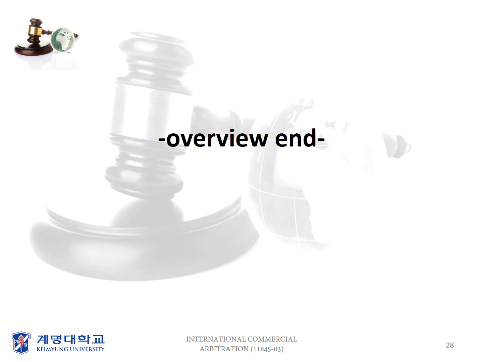So that is the initial overview of international commercial arbitration. To sum it up, international commercial arbitration is a process of resolving a dispute between parties, either buyer and seller, from other countries.